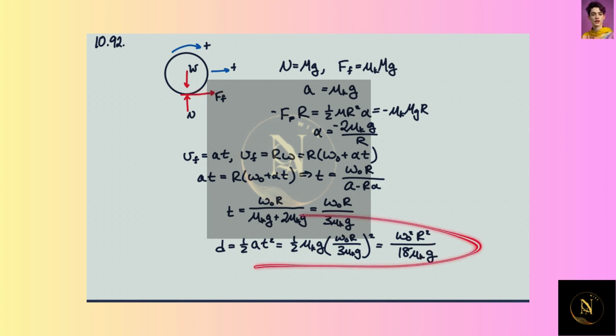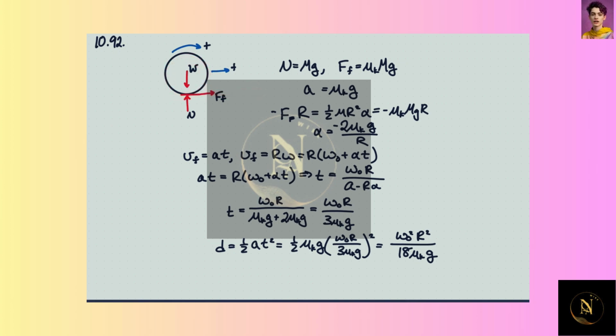So that'll make sense. Now they also ask us to calculate the work done by the friction force on the cylinder as it moves from where it was set down to where it begins to roll without slipping. This force is moving, because as this thing starts to move, that force is moving, so it's going to do some work.